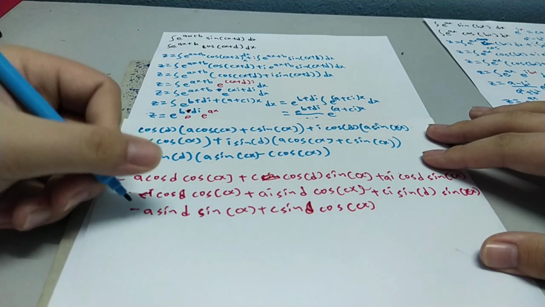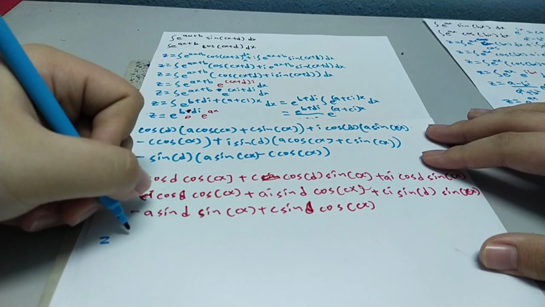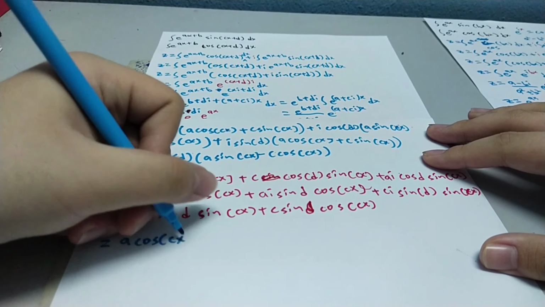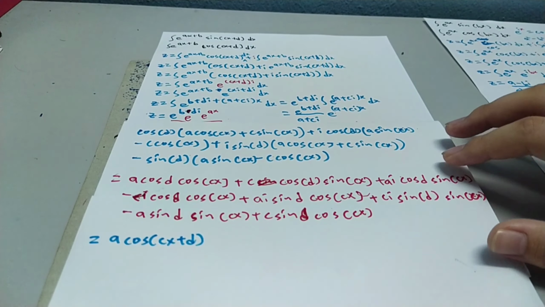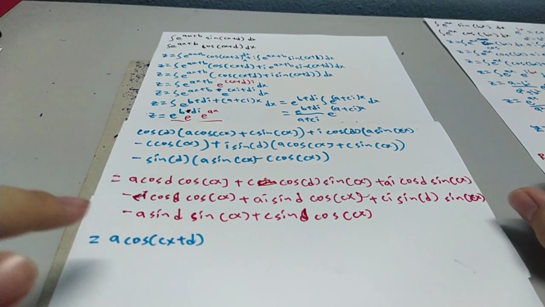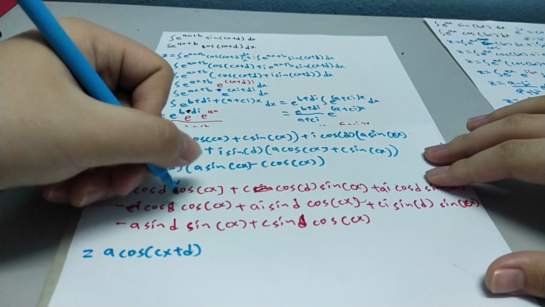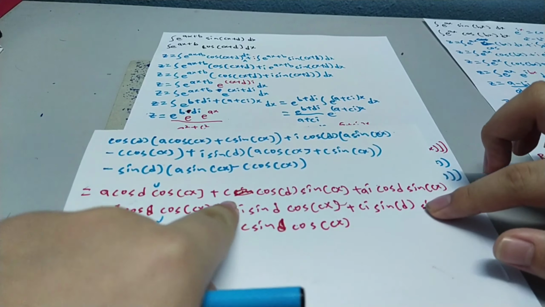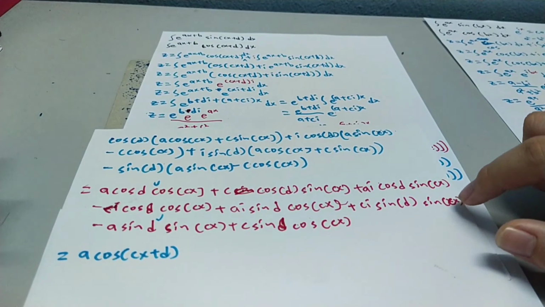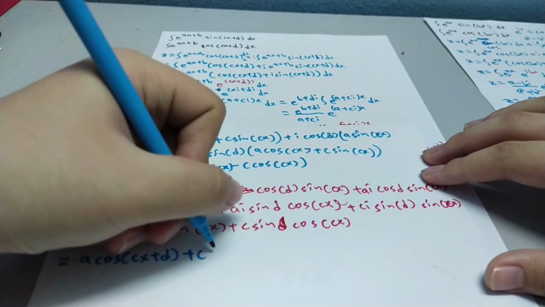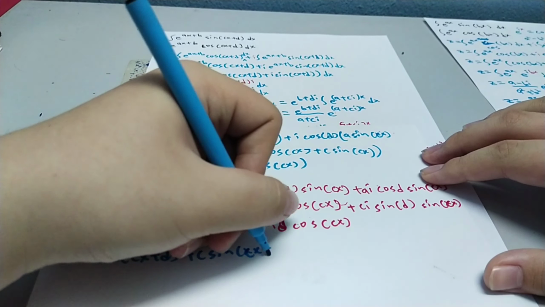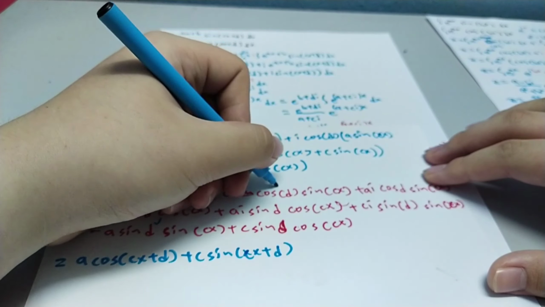That's the same as a times cosine of cx plus d, because remember the trigonometric sum and difference formula. And then c times sine and cosine, that's equal to c times sine of cx plus d. So we are also done with this one.